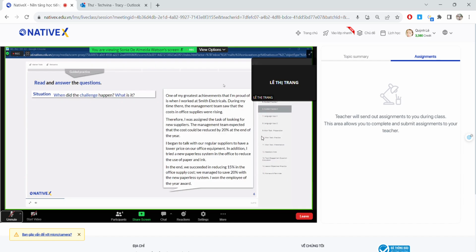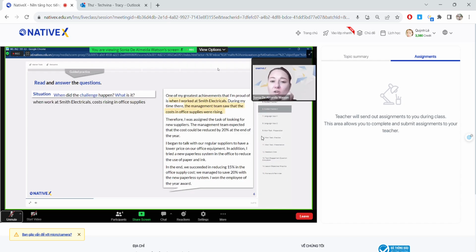Yes, the problem is the management team showed that the cost of office supply were rising. Okay, no, the problem isn't the management team. The problem is costs in office supplies were rising. That's the main problem. Okay, so here we can see it's a very good answer, because we can see when was the problem, and we can see what is the challenge or what is the problem.